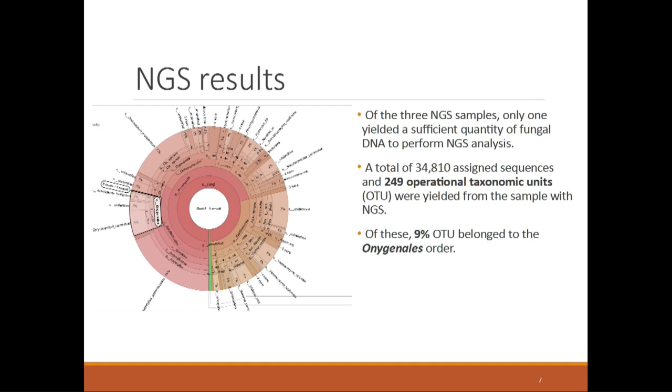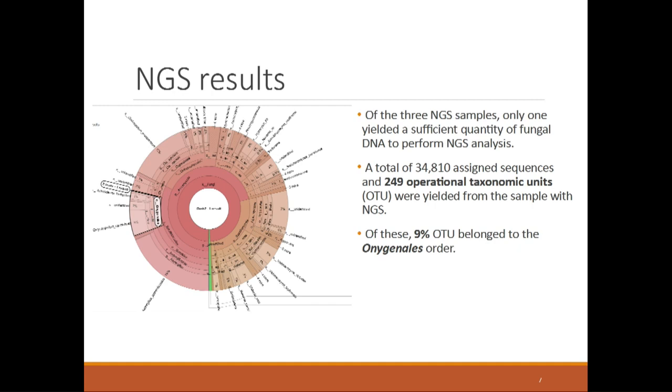So here we can see the interactive diagram of metagenomic NGS analysis. First of all, it should be noted that 3 samples were subjected to NGS, and only one of them yielded a sufficient quantity of fungal DNA to perform NGS analysis. In fact, we were able to get the results for only one sample. And here we can see that totally 249 operational taxonomic units were detected in the sample by NGS.